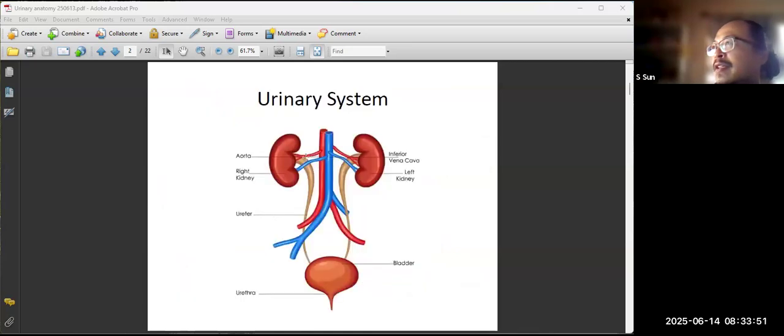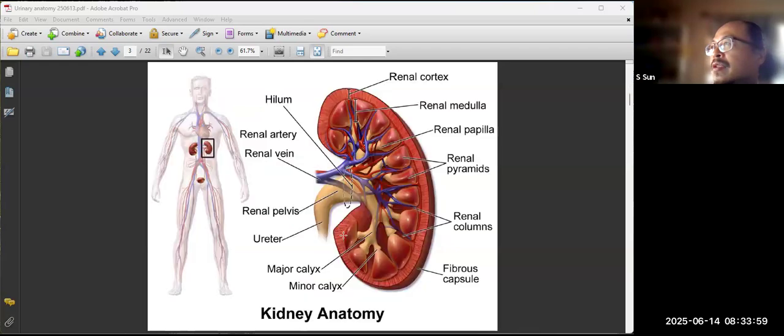You can probably see it here, the renal artery, right here. It doesn't seem to be pointing at it, so it's supposed to point at that one, the renal artery. The renal artery will carry the blood entering into the kidney.